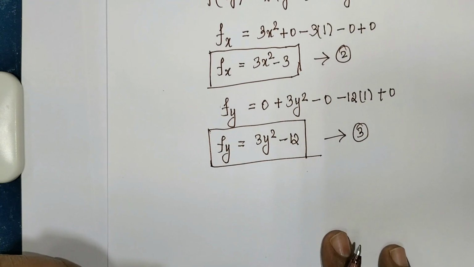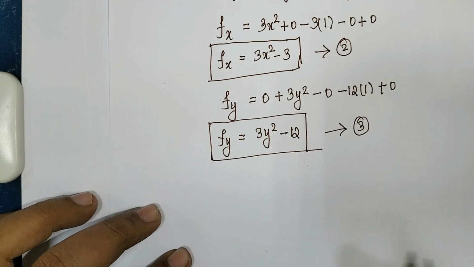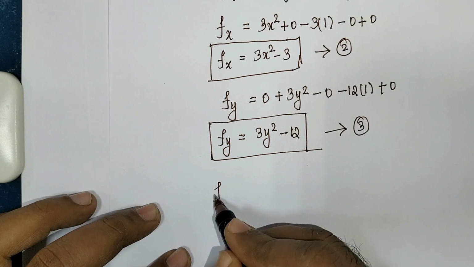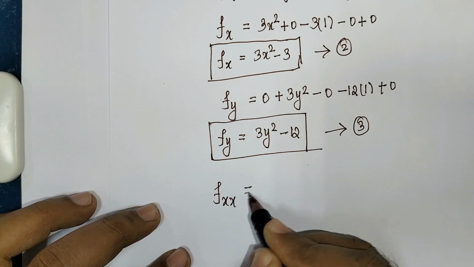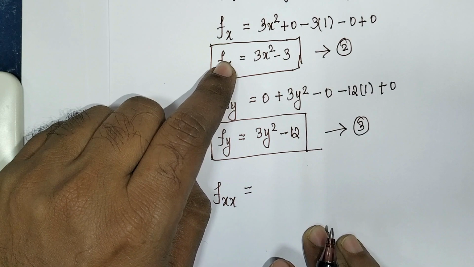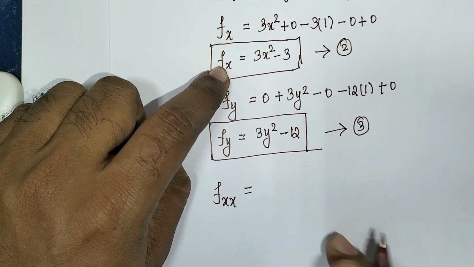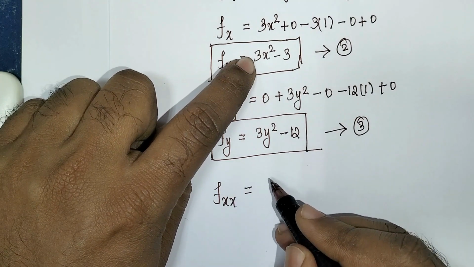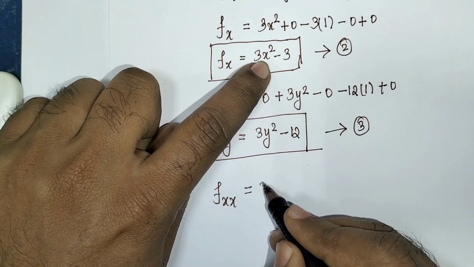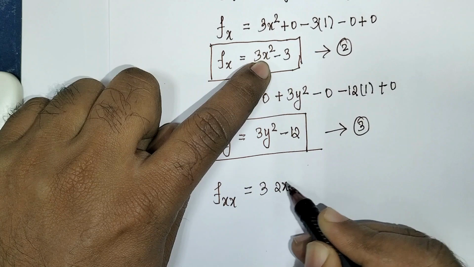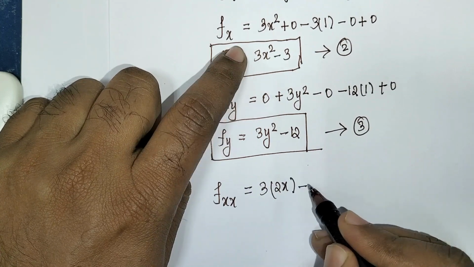Next I am going to find f double x. This fx term, equation 2, I partially differentiate with respect to x again. So I will get 3 into 2x, and the constant gives 0.